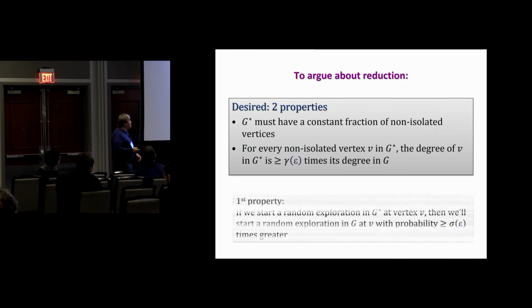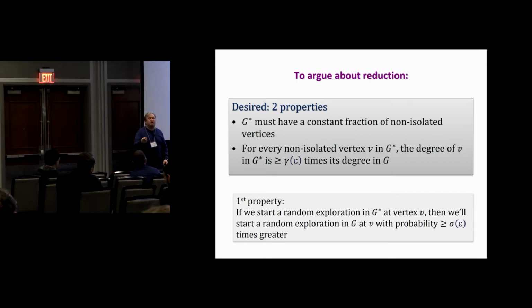Now, why do we need that? What is our algorithm doing? The first step of our algorithm is to take a random vertex, and then run the random bounded-depth BFS. So if we start a random exploration in G star, by the first property, we know that we have constant probability that we'll hit one of the vertices that the original algorithm for graph G would be looking at.